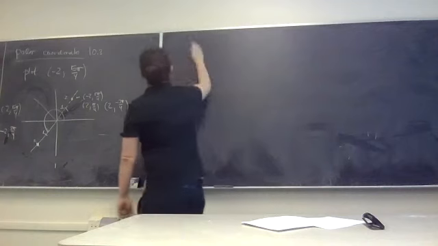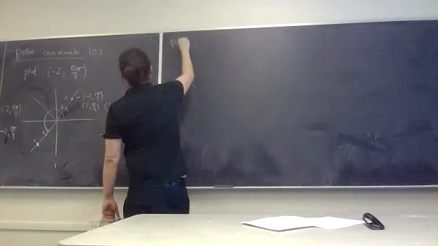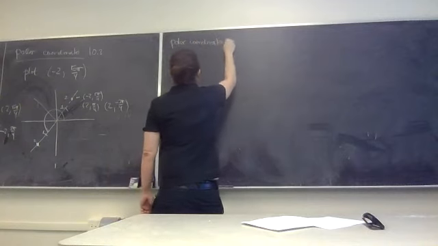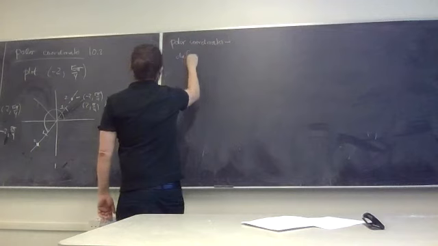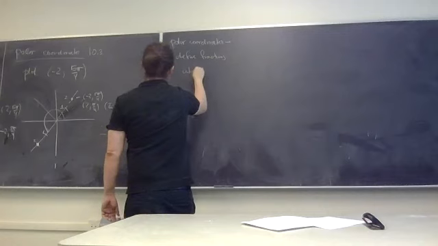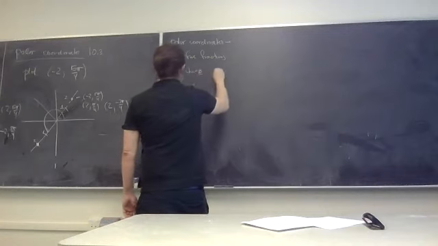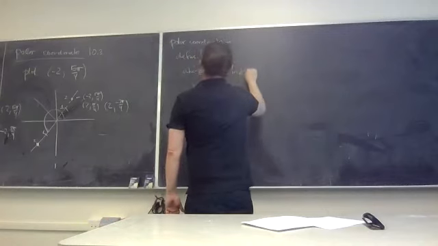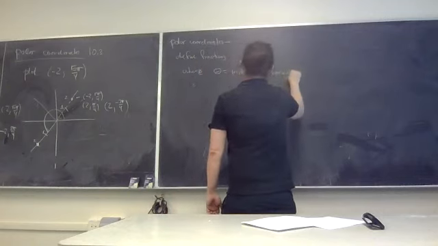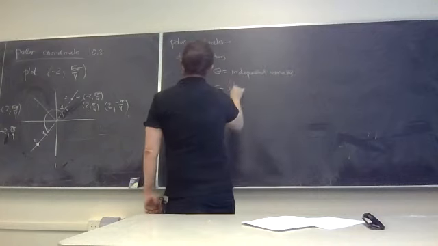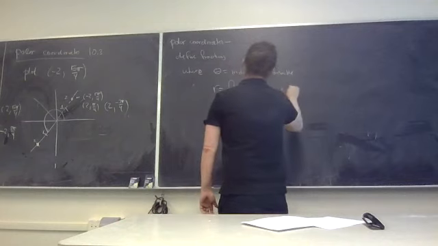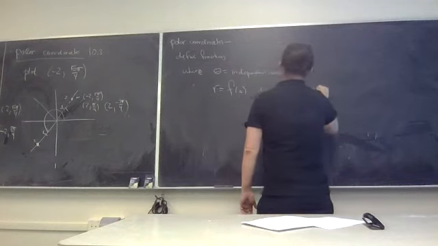The idea of polar coordinates is that we can define functions where theta is the independent variable and r is equal to f of theta is the dependent variable.